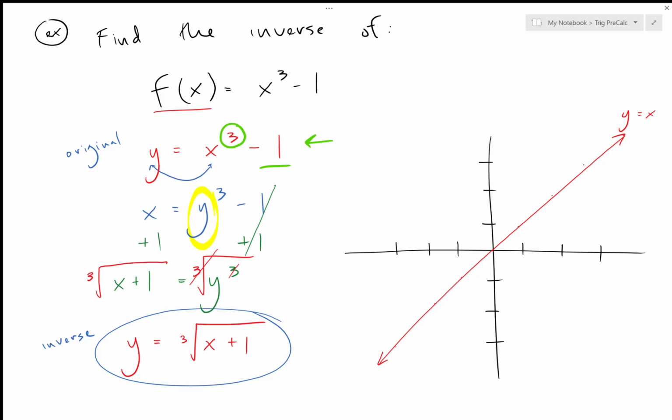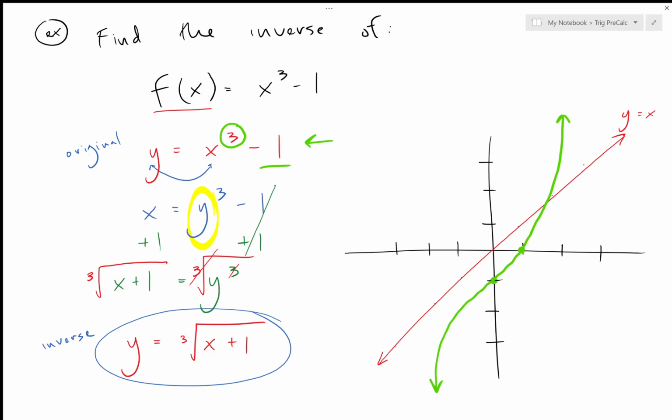So its starting point is going to be at -1. If you set it equal to 0 and solve it, you'll find that there is an x-intercept at +1. Arms are going from low to high. So there's our x cubed.